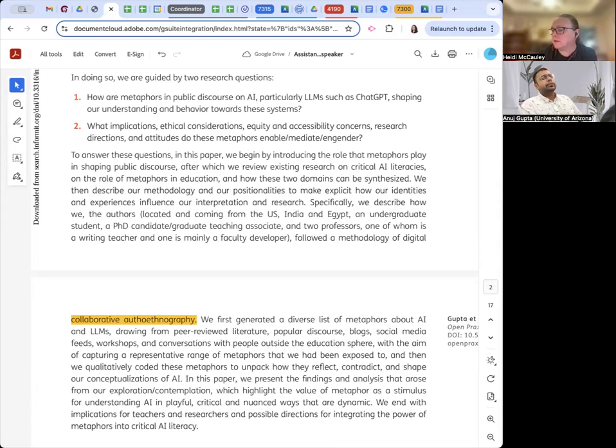We started off with the first question, which was pretty easy to come to: how are metaphors in public discourse on AI shaping our understanding and behavior towards these systems? Because that is the curiosity that had gotten us interested. And the second bit, what implications it has for attitudes towards AI, eventually emerged from our discussions.